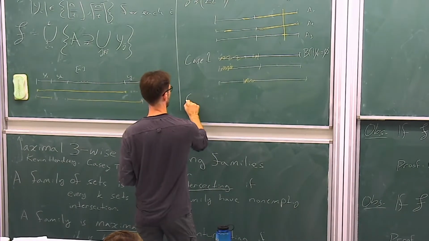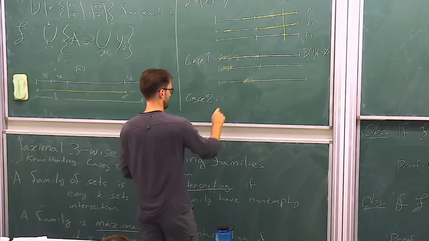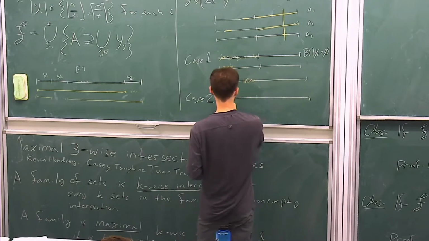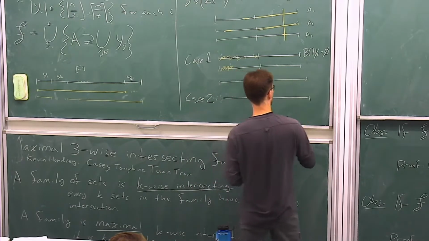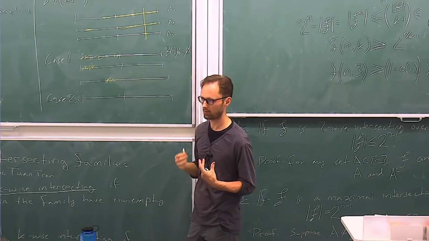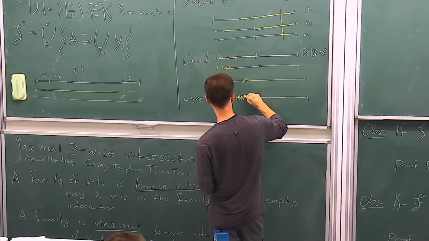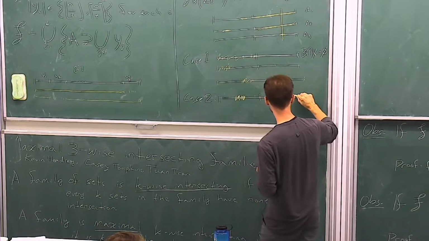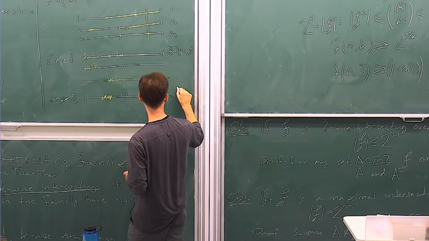Another case to consider is that there are at least two I where B doesn't contain the corresponding yi. So we have some intersection here and some intersection here, but we don't properly contain either one.